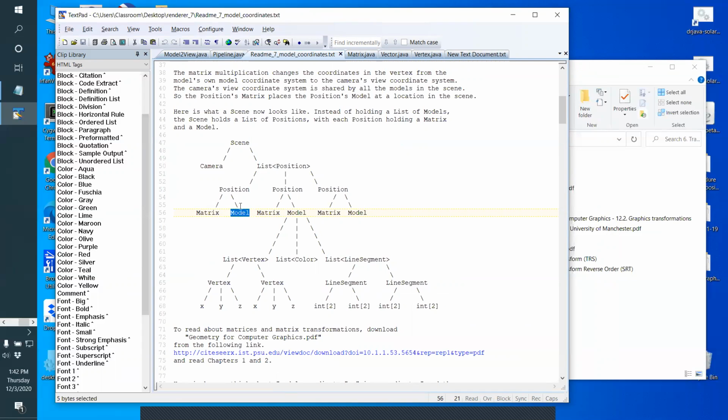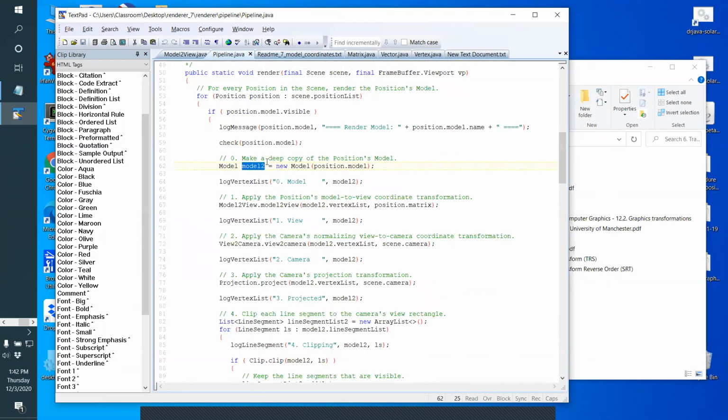But since you don't want to change that model because it belongs to the person, the game, the renderer makes a copy of that model and actually moves the vertices in the copy. So the render starts off by making a copy of the model. Then it can start mutating all the vertices in the copy of the model.